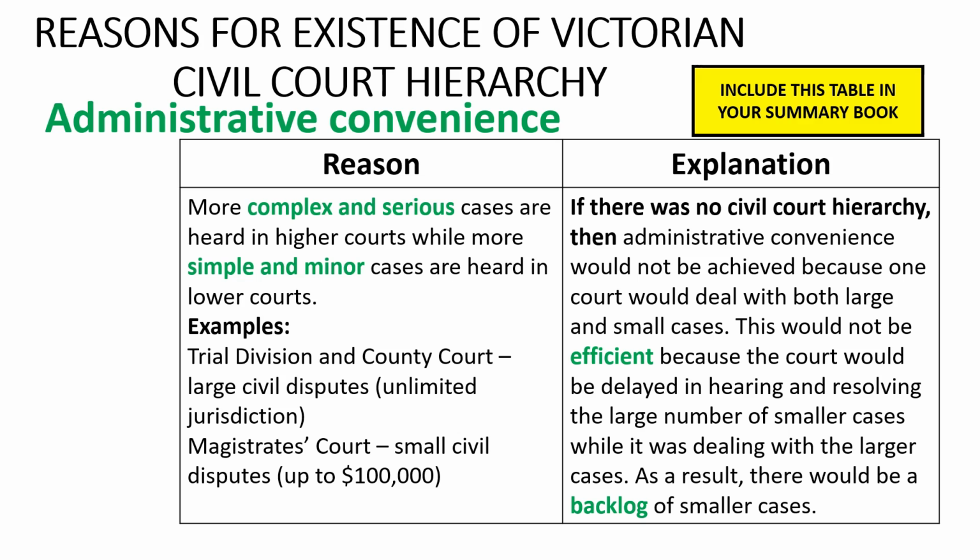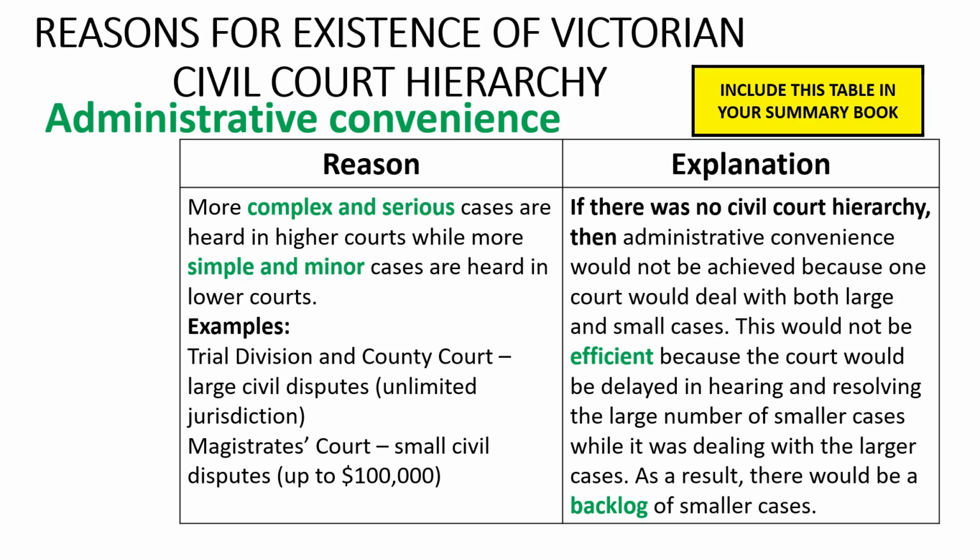You will see that we can explain these two reasons by using the counterfactual: if there was no civil court hierarchy, then... This is a good technique for answering a question about the reasons for the Victorian civil court hierarchy because it highlights the advantages of that court hierarchy by highlighting the disadvantages if there was no court hierarchy. In a moment, I will show you what I mean.